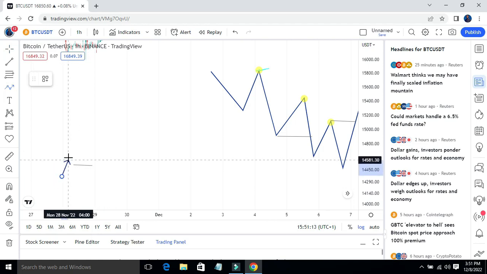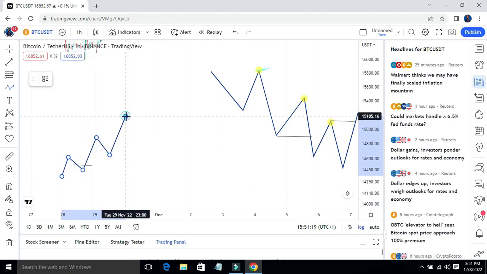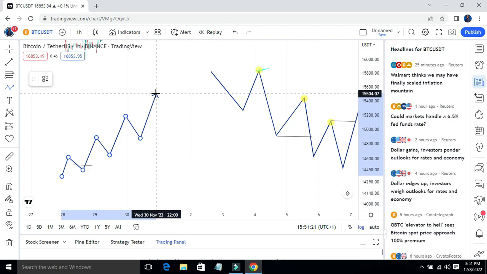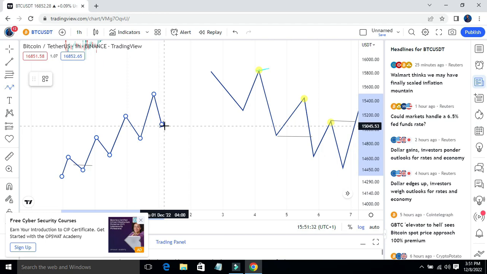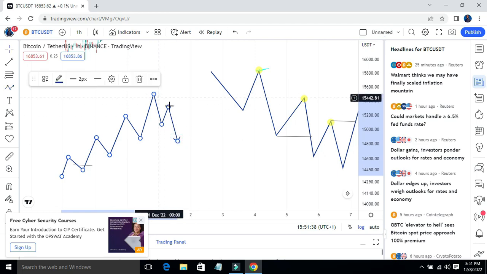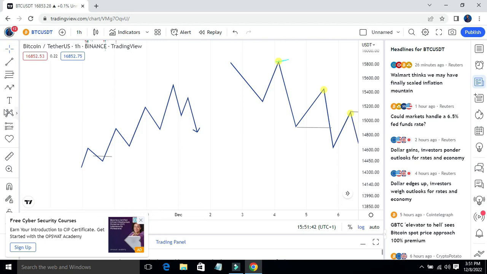So high, high, high, high, high, high. Instead of making another high that will be higher than this one, it makes a low, then a high that's not higher than this one, and then makes another low here. So this is a change of character, right? I hope you understand why it's a change of character, right?